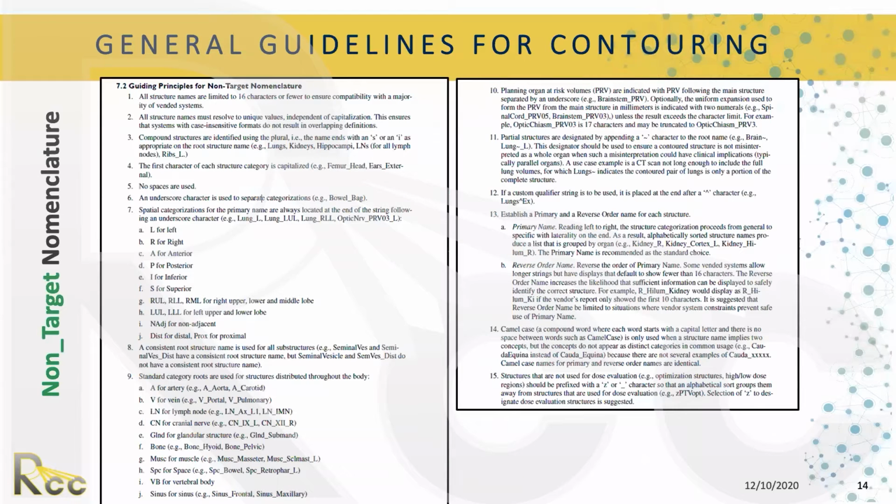But just here, again, the report is very extensive, but for example, it tells you how to name the laterality. Instead of writing the word left, which takes space, normally they will use the letter L, R for right, A for anterior, or for things in the lung, RUL means right upper lobe, and so on.